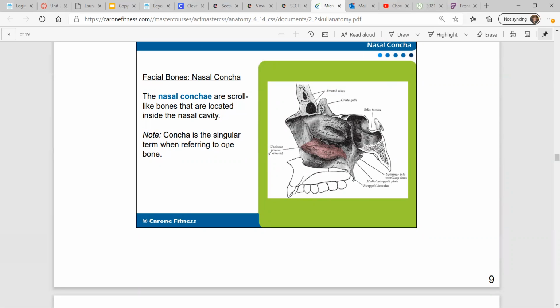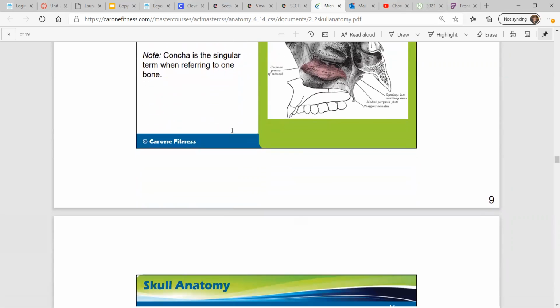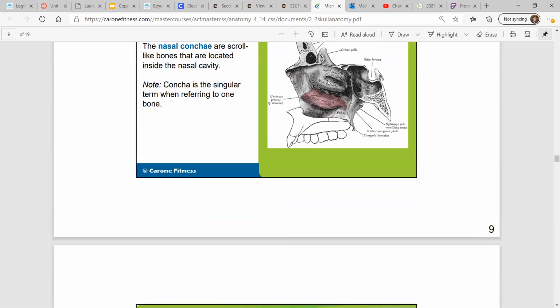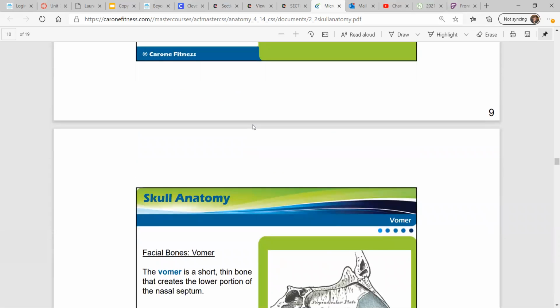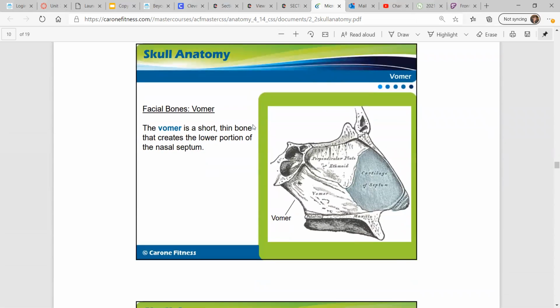They are scroll-like bones that are located inside the nasal cavity. Concha is the singular term when referring to one bone. Conchae, you just add an E to it to pluralize it. But you see concha here. All of these are within your nose, your nasal cavity.